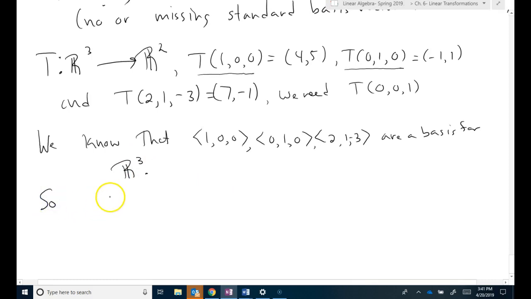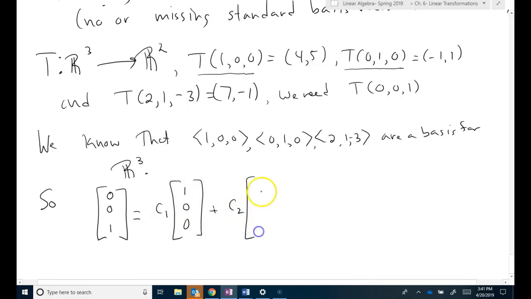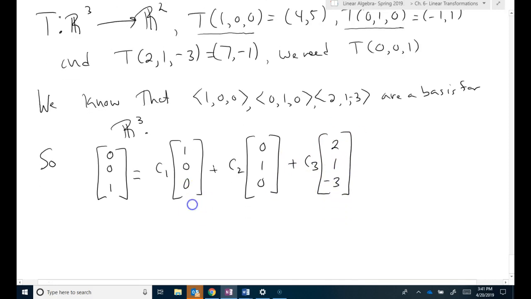So what that means, if you remember, is that (0, 0, 1) will equal C1 times (1, 0, 0) plus C2 times (0, 1, 0) plus C3 times (2, 1, -3). So we're going to want to find C1, C2, and C3, and I'm going to show you why in just a moment.